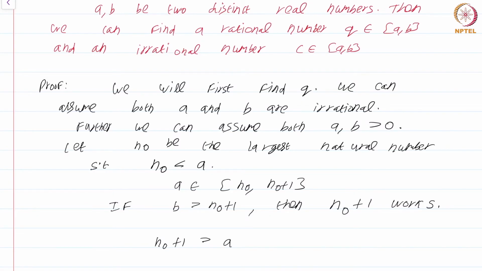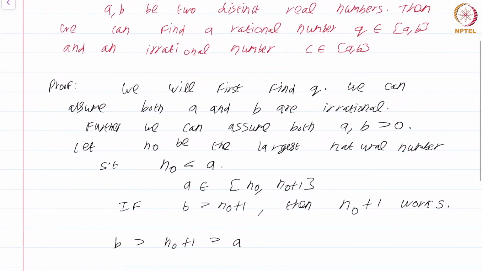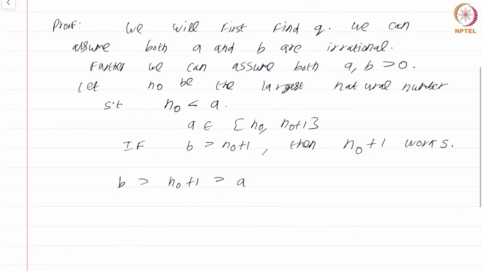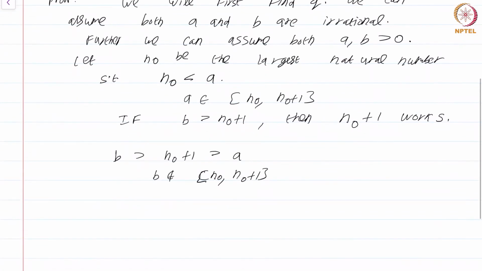In fact, it's got to be greater than a because we already assume that a is irrational, and it's less than b. So we have found a natural number that lies in between a and b, and we are done. So we can assume that b is not an element of [n naught, n naught plus 1].